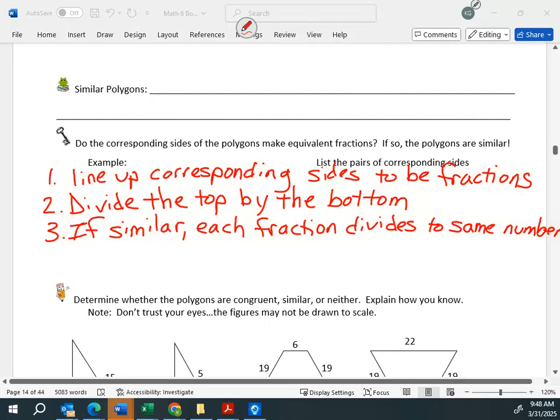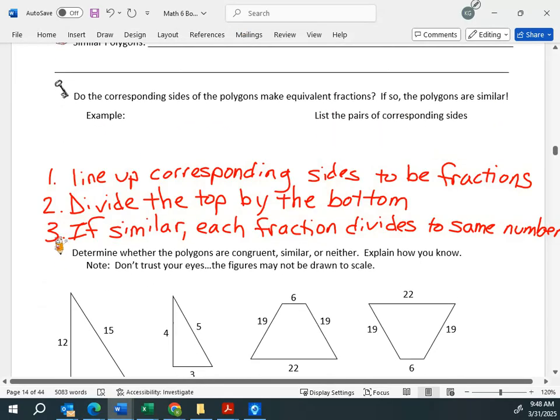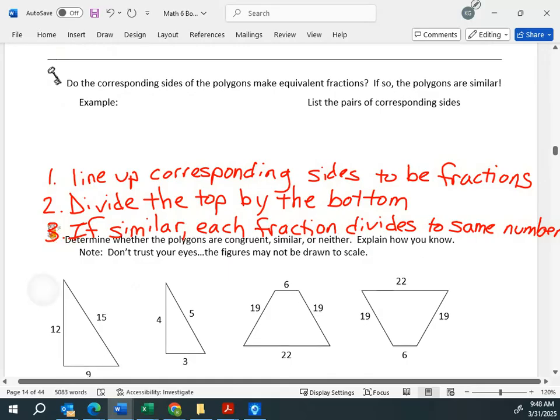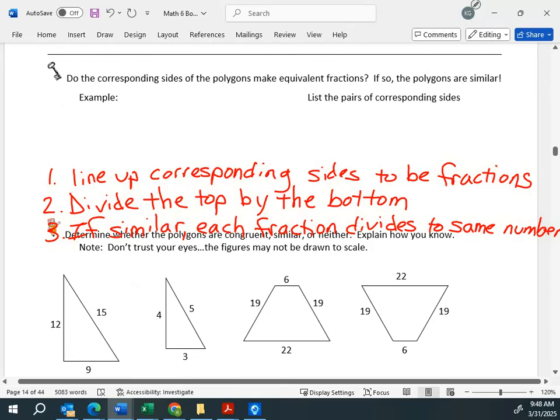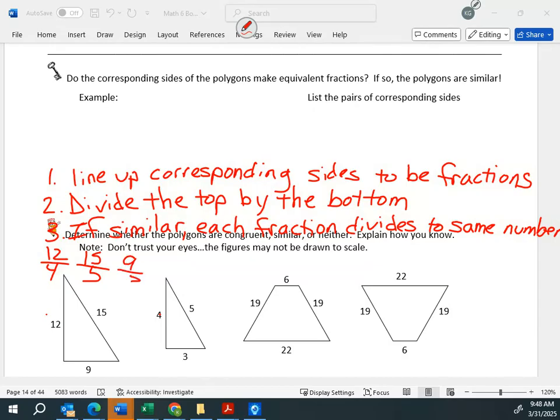So if we had 12 over 4, 15 over 5, and 9 over 3, I divide each one up and they all got me 3s. I know it's similar. If when I match up my sides I get different answers, then it is neither.